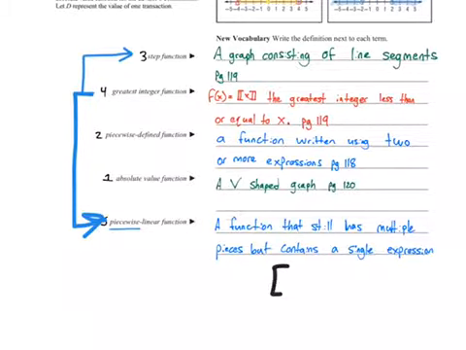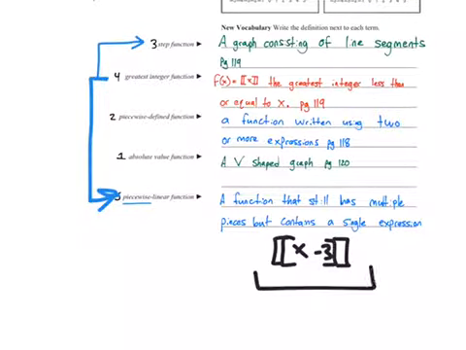In the example that we just did, it was the greatest integer function of x minus 3. It was just one thing, but the graph still had multiple pieces. So we don't really need to know that one. I just wanted to put that on there in case people were wondering how those all fit together.